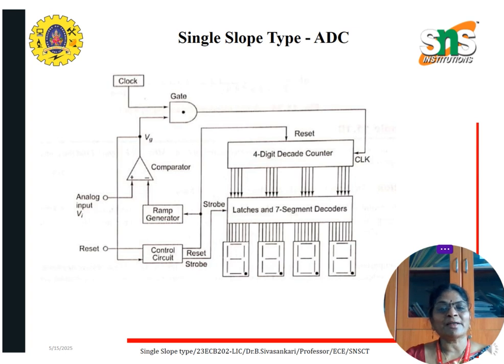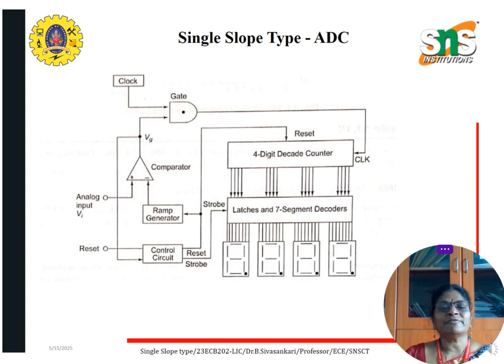That initial value is given as an input to the comparator. Two inputs are given to the comparator: one from the analog input and another from the ramp generator. The comparator compares the two inputs and produces an output, which is one of the inputs to the AND gate. The other input of the AND gate will be from the clock.